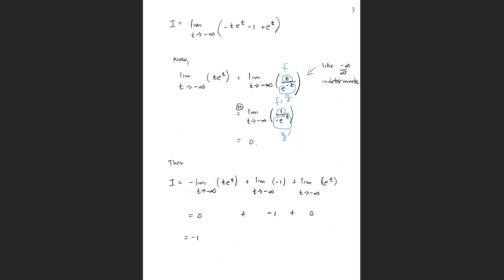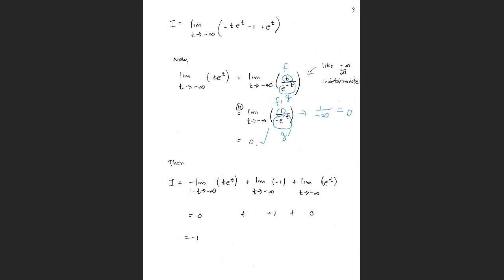And so you're going to get 0 for that, because 1 over negative infinity is 0, and there's nothing indeterminate about that.